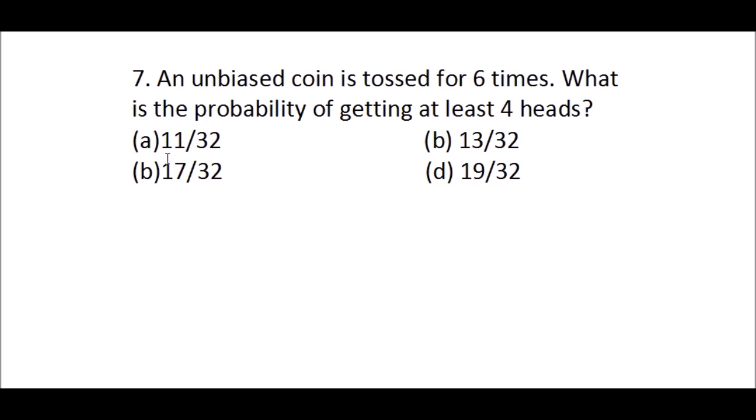Now let us consider that P is the probability of getting a head in a particular trial, and therefore Q is the probability of getting a tail in the particular trial. Therefore, our required probability is getting a head at least 4 times. First let us take getting a head 4 times.